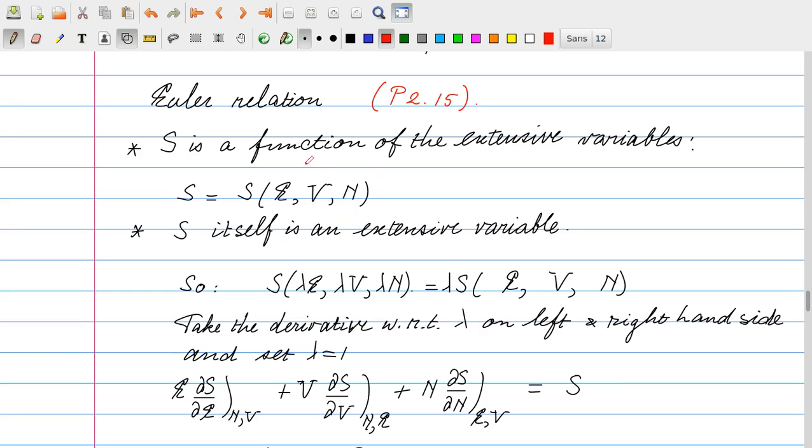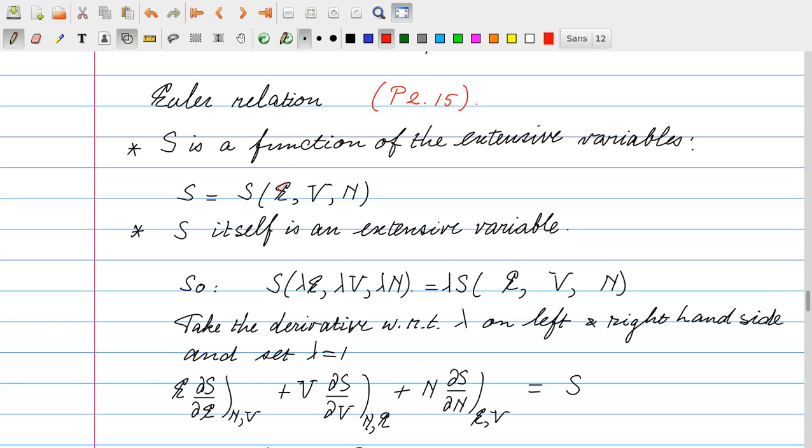Okay, then we continue with the Euler relation. For the Euler relation it's important to go back to the basics of thermodynamics, where we have seen that the entropy is an extensive variable, and it is itself also a function of all the extensive variables.